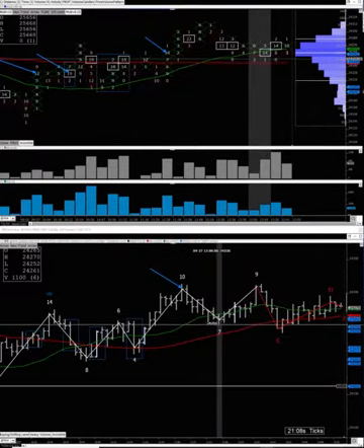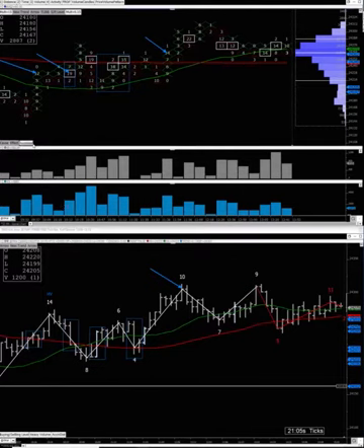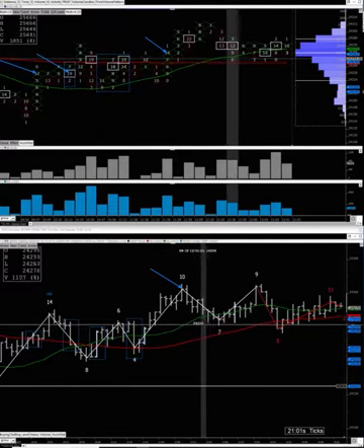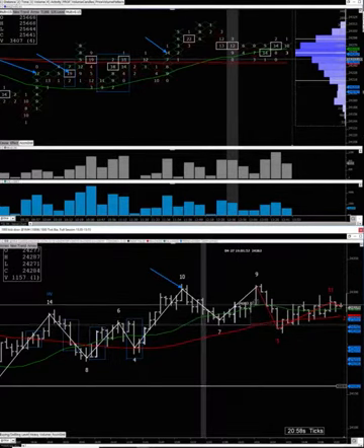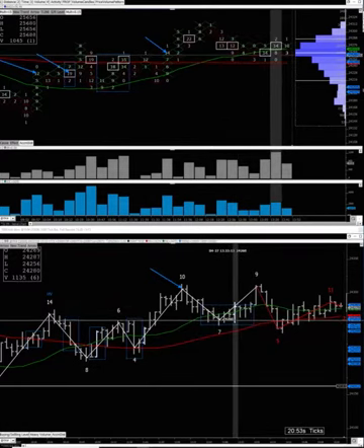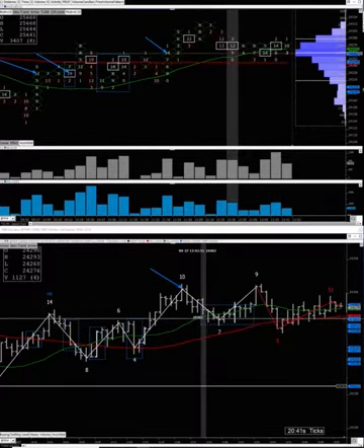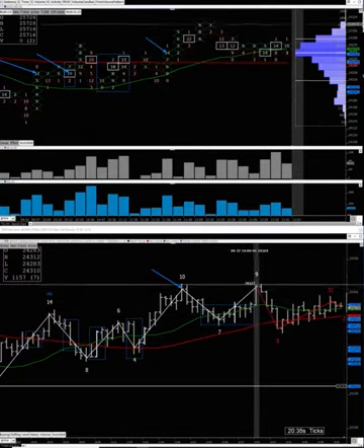And on the bar charts, look what's happening. Ease of movement. Bar charts are good for ease of movement. So this is the reaccumulation, but it was for a very small move.